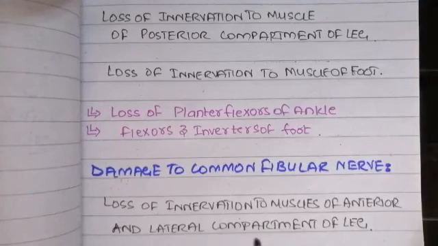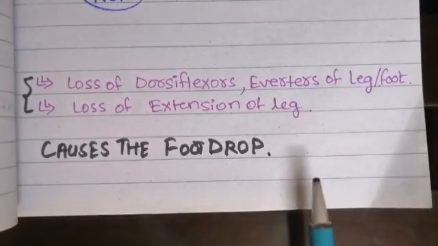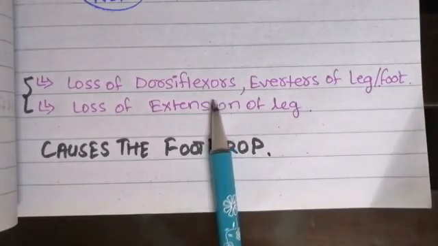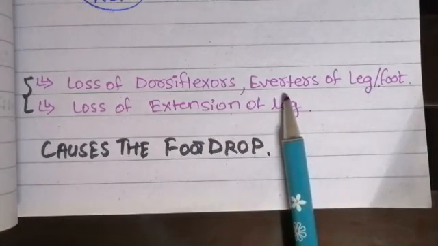So what happens when these areas of the leg are not innervated by the common fibular nerve? When there is an injury to the common fibular nerve, there will be a loss of innervation and the actions will be lost. Here you can see that the actions lost are dorsiflexion and eversion of the leg and the foot. Dorsiflexion is the main function of the anterior compartment of the muscles of the leg, and the muscles of the lateral compartment perform the eversion.